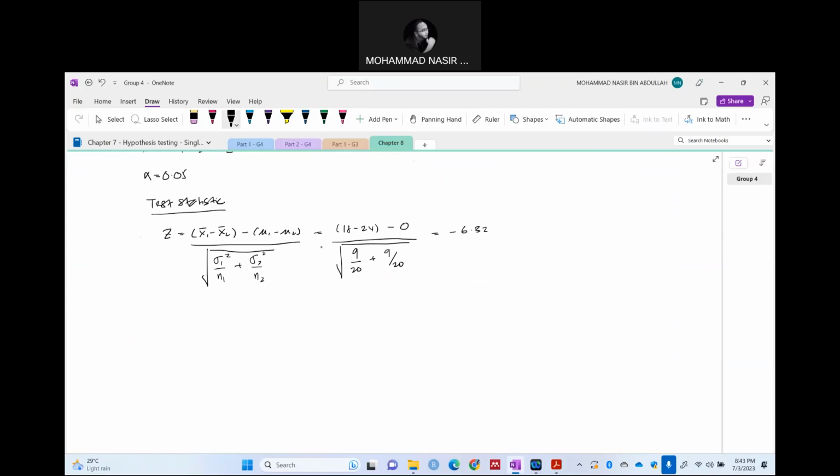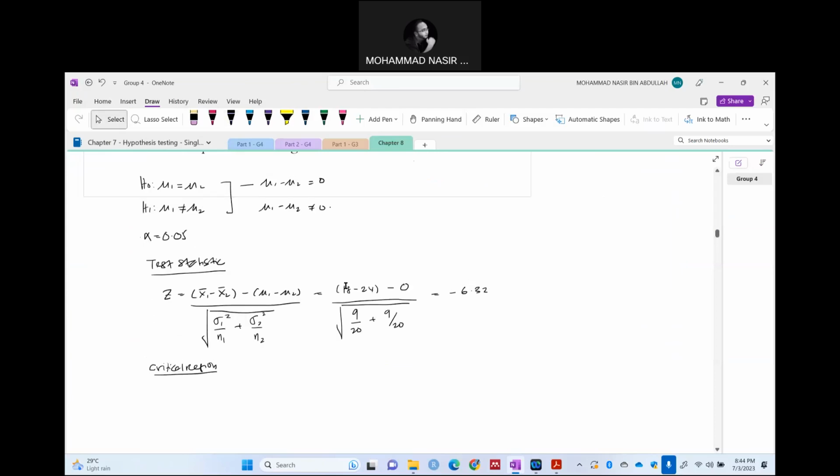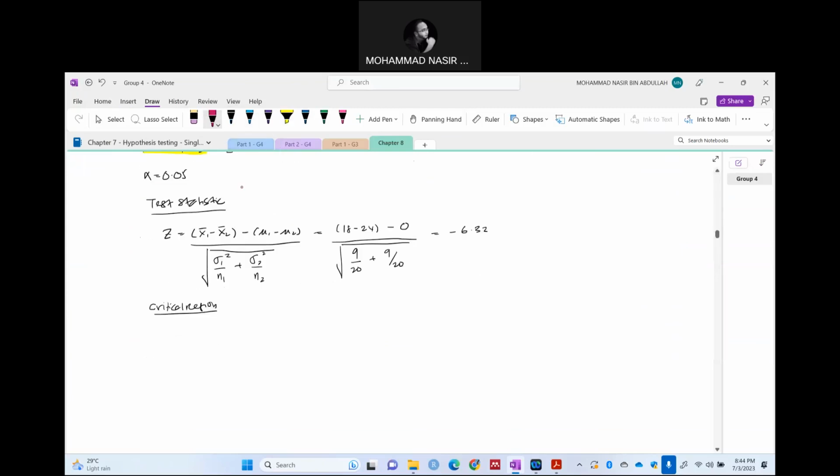Okay. And then step number 3, we find the critical region. In this case, the alternative hypothesis is unequal, right? Not equal means different. This is a two-tailed test. So we're going to have two rejection regions.